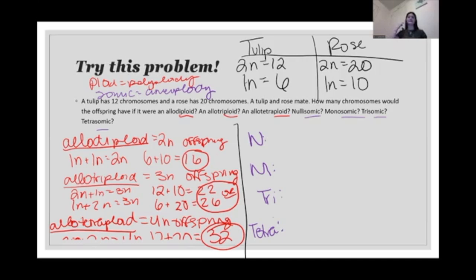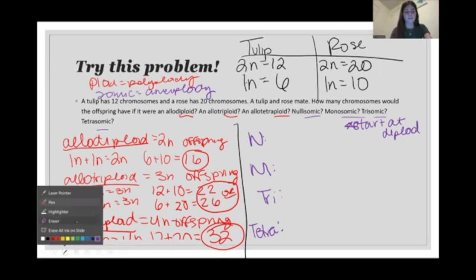So something important to keep in mind whenever we're talking about these aneuploidic individuals, unless it's otherwise stated, we're always going to be going off that diploid state. So like in humans, whenever we talked about monosomy, which is -1, we said, okay, that'd be like 45 chromosomes in a human. So we don't start at like a 47 chromosome state and then say monosomic would be 46, which is normal. We start at that diploid state. So I'm going to put that little note right here saying start at diploid.